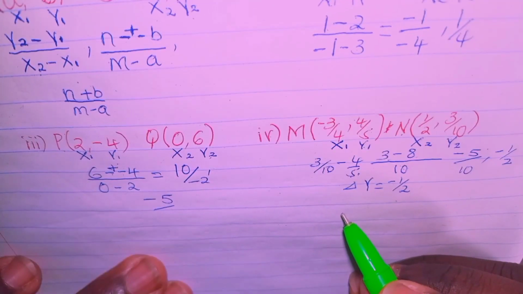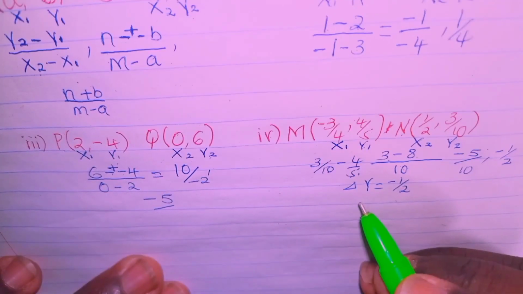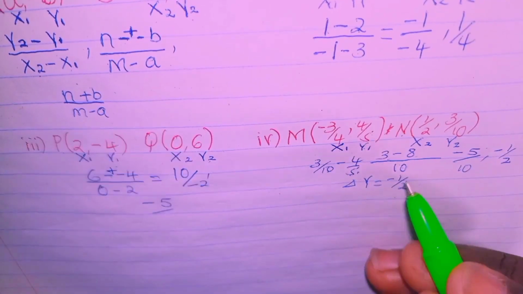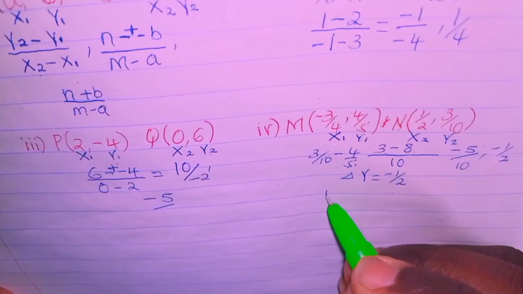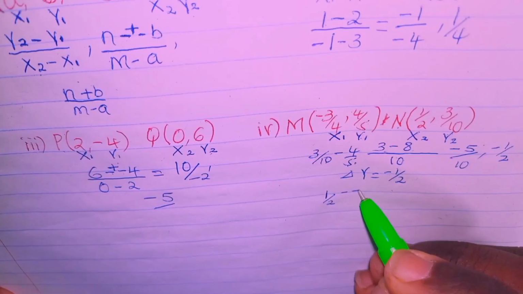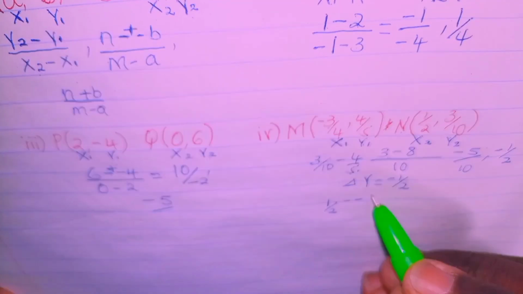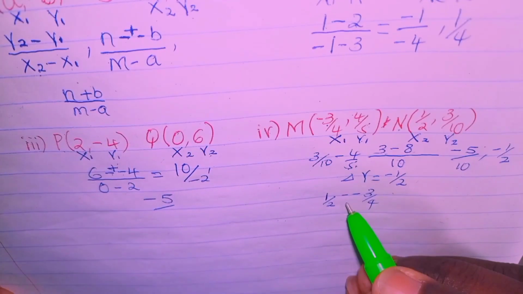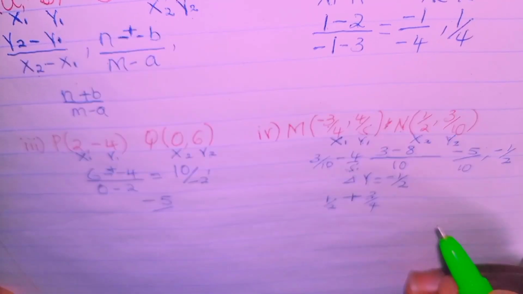This one will be half minus negative 3 over 4. So this one will be positive.